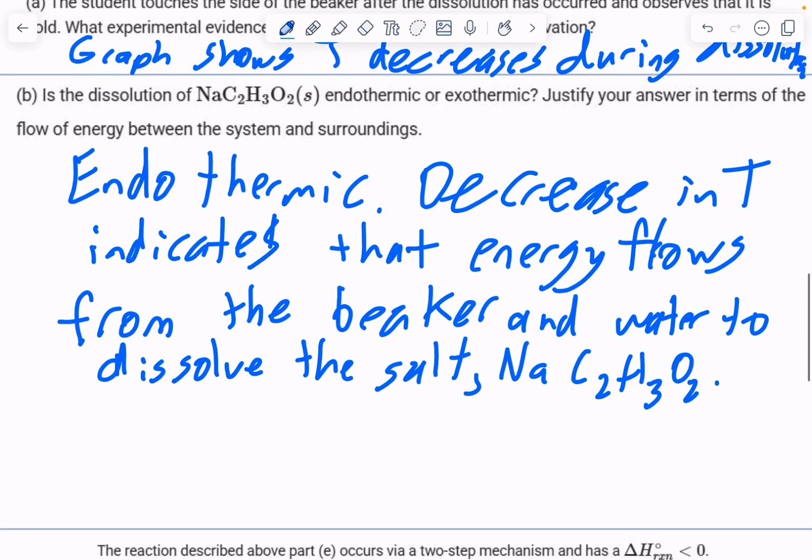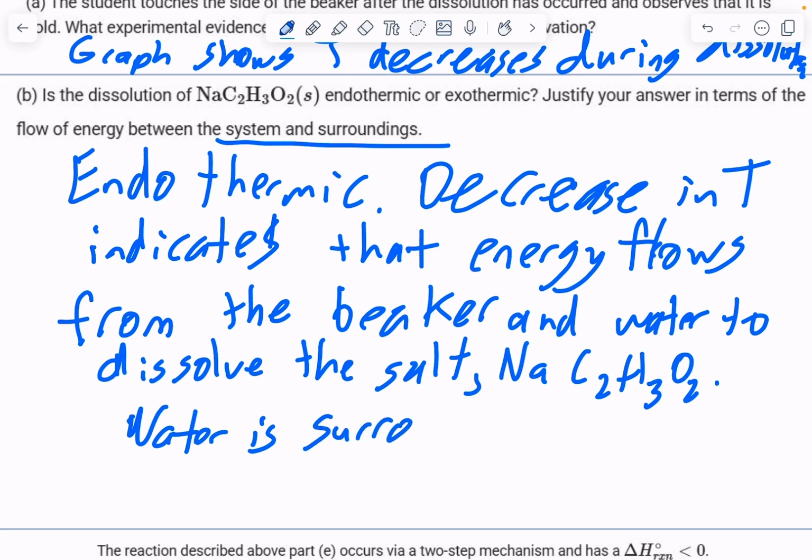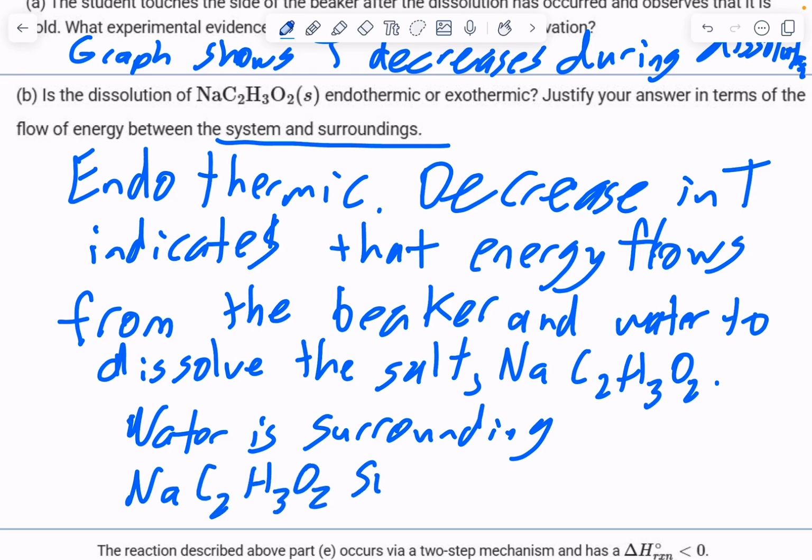We should probably state that the beaker and water are the surroundings and the salt is the system, to be more specific. So water is the surroundings, sodium acetate is the system.